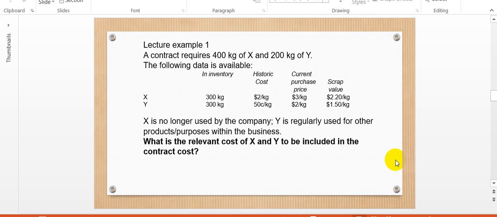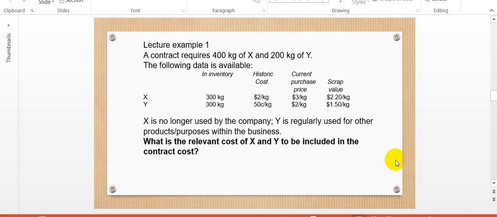In inventory, we have 300 kilograms of material X, which has a historical cost of $2 per kg and a current replacement price of $3 per kg, and it has a scrap value, if we are to sell it, of $2.20 per kg.